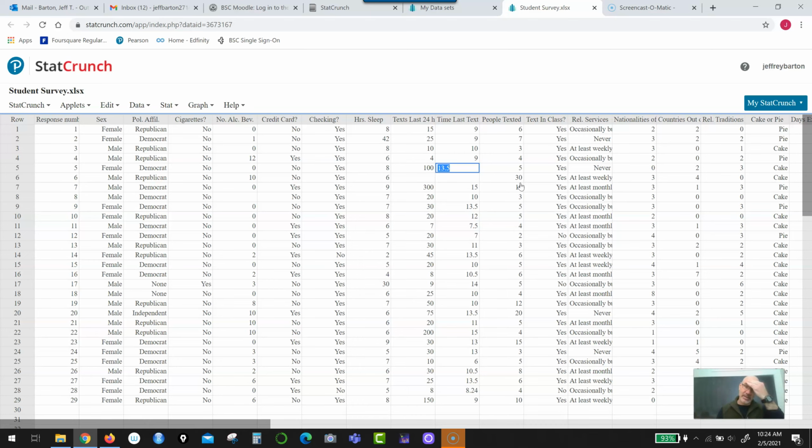And so the way I decided to address that issue is that if someone entered a value that was after midnight, I added 12 to it. So it made a reasonable comparison with the other times. So this person number 4 actually entered 1:30 or 1.5 as the time of their last text. Now I've made it into a 13.5.